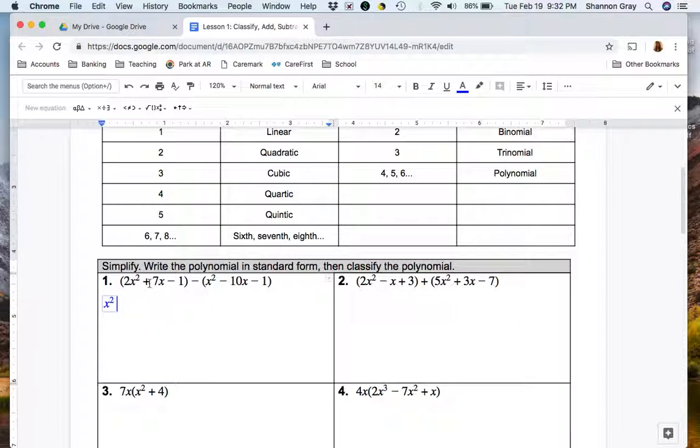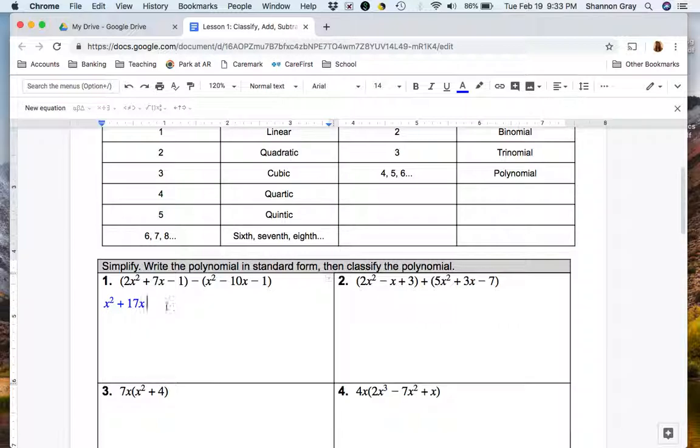And then my next term is positive 7x, and I'm looking for my like term, which is negative 10x. So I have 7x minus negative 10x is positive 17x. And then my constant terms, I have negative 1 minus negative 1, which equals 0. So I don't need to put plus 0. I could, but that would not be in simplest form.